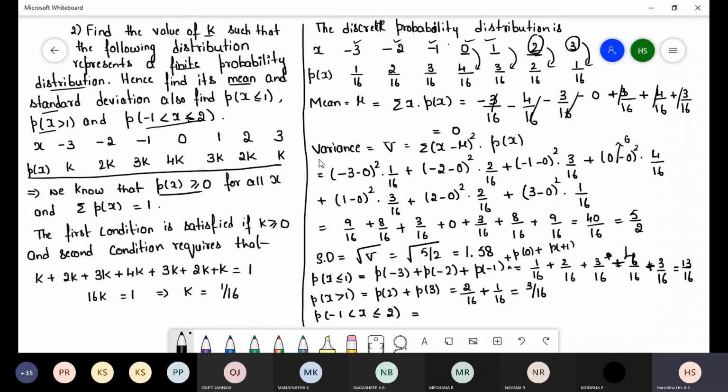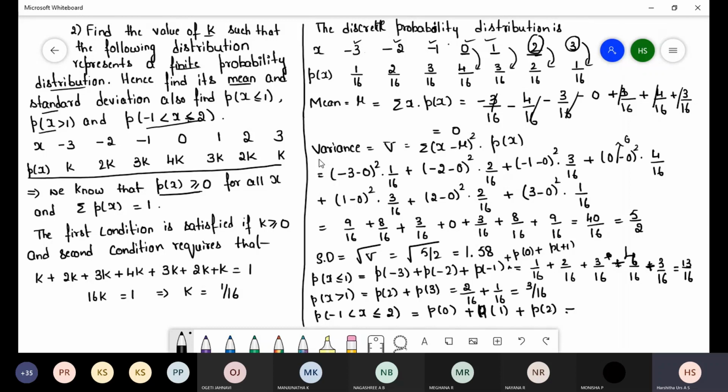First comes P of 0 plus P of 1 plus P of 2, because minus 1 less than x less than or equal to 2.